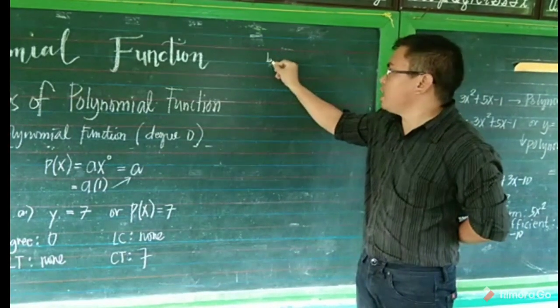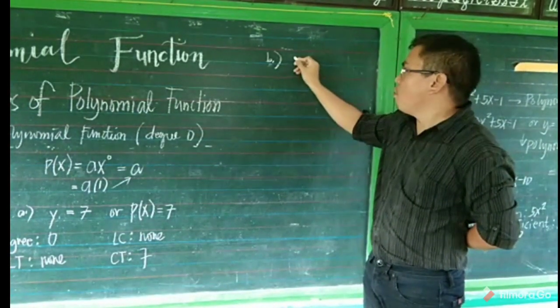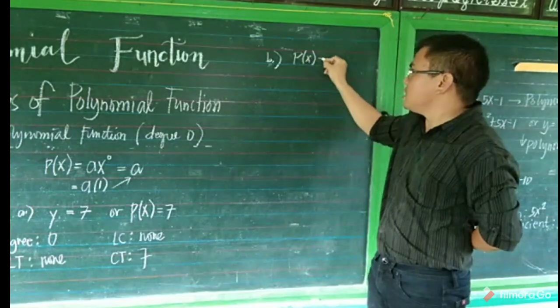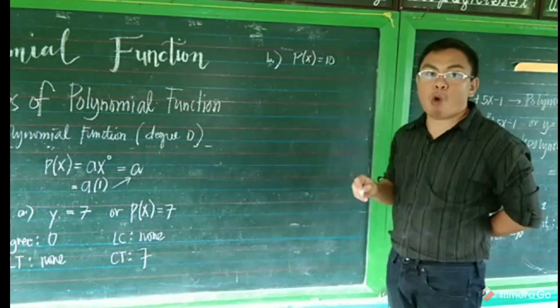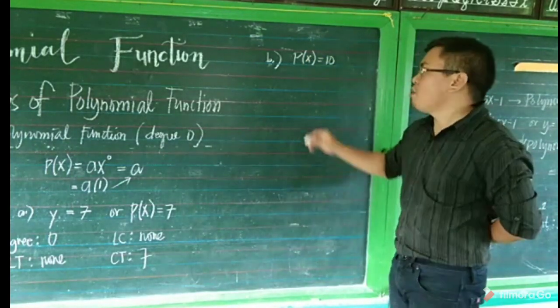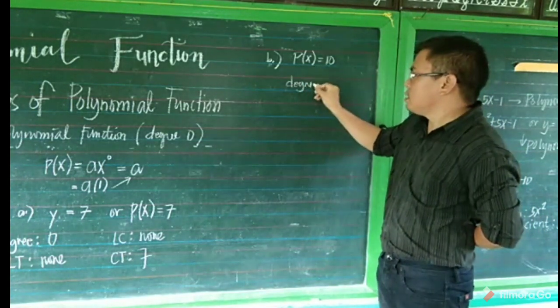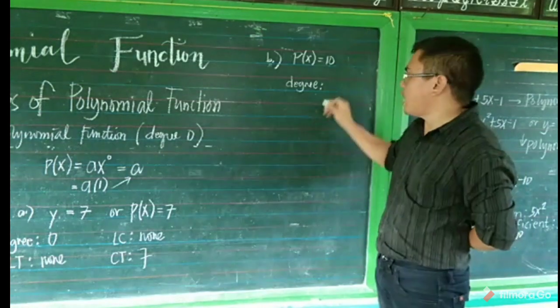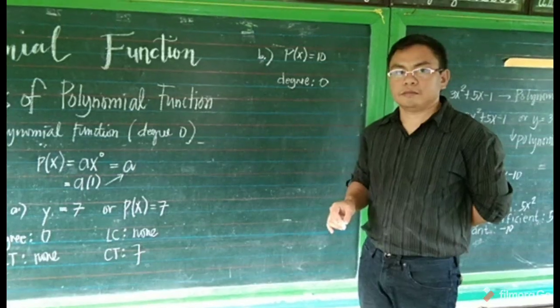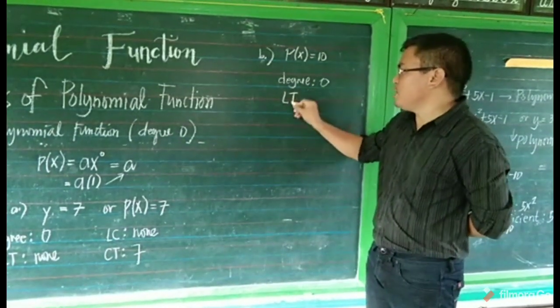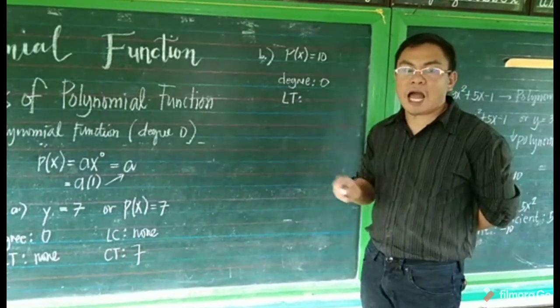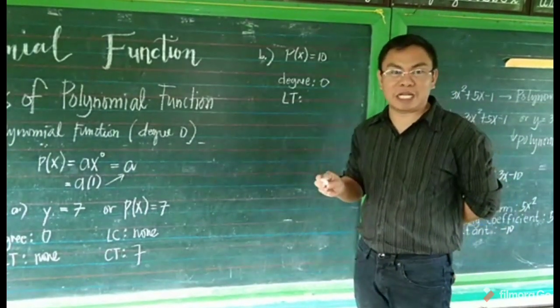Now let's have example letter B. P of x is equal to 10. Or you can have y is equal to 10. What is the degree? The degree here is, again, 0. Now let's move on to the leading term. Please allow me to use LT for leading term.